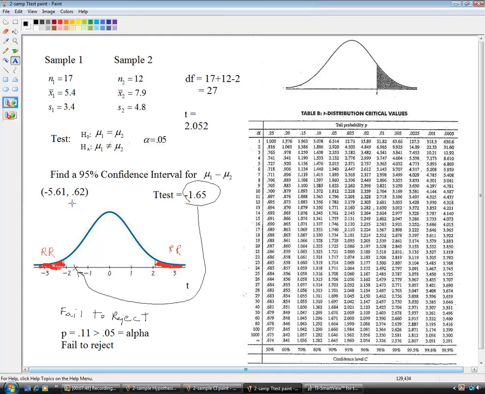So this is our confidence interval. We're 95% confident that the true difference in means will be between negative 5.61 and positive 0.62.